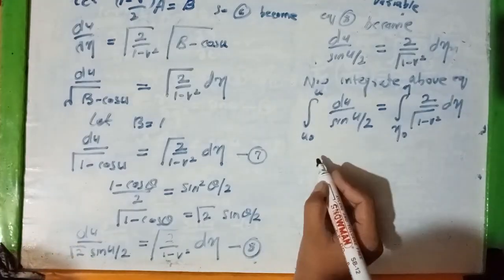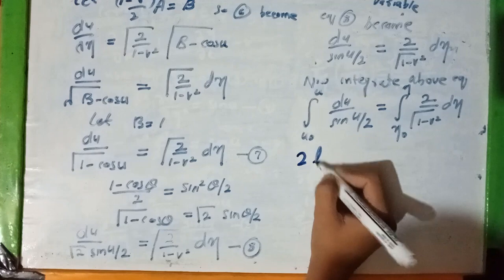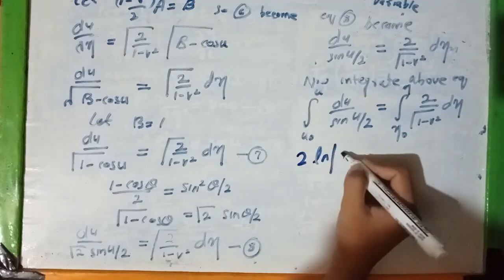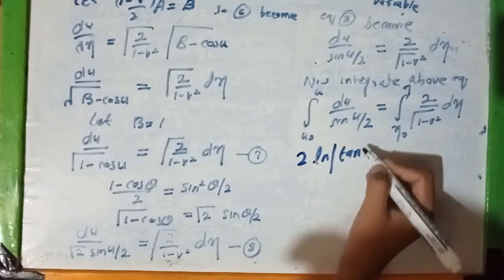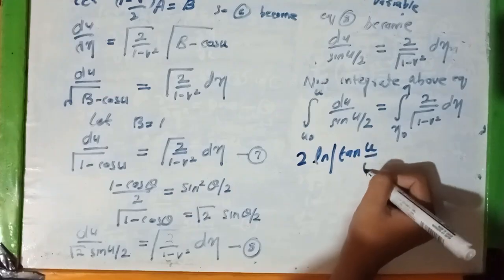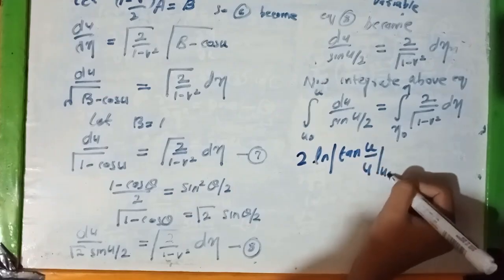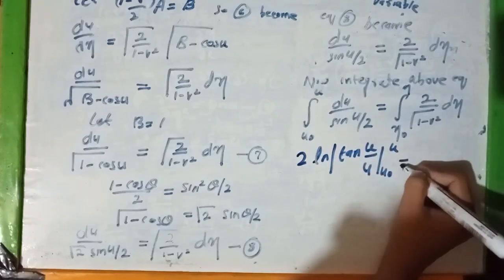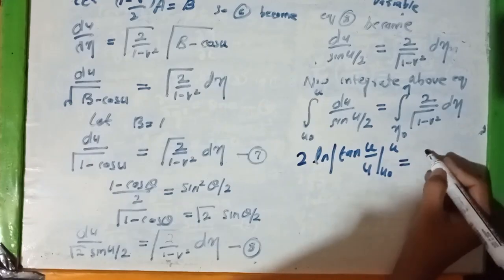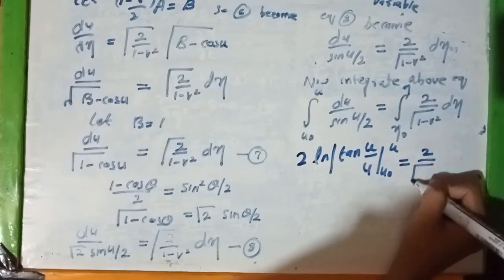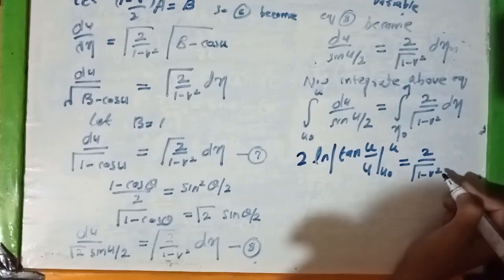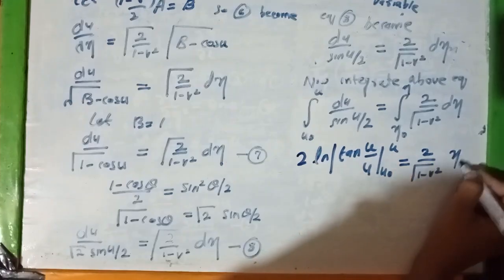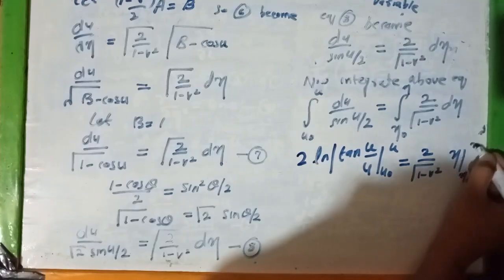So this becomes 2 ln tan(u/4) from u₀ to u is equal to 2 over the square root of (1 − v²) times η from η₀ to η.